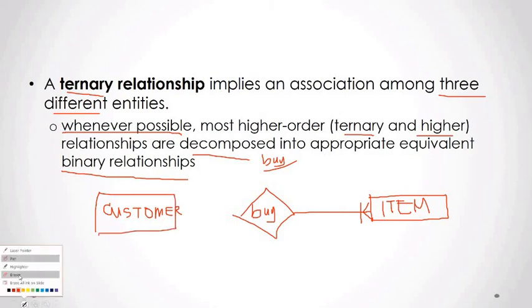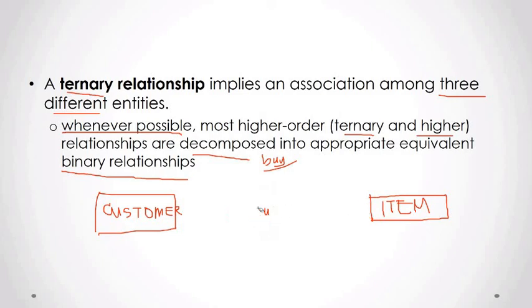So since that's many to many, we will now change that relationship to an associative entity. So probably we will call it customer item, and customer item is an associative entity.